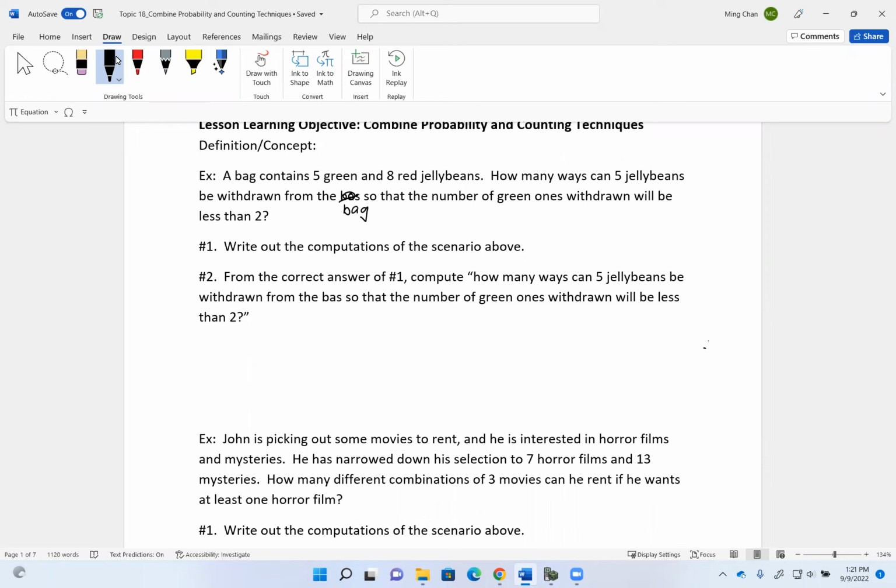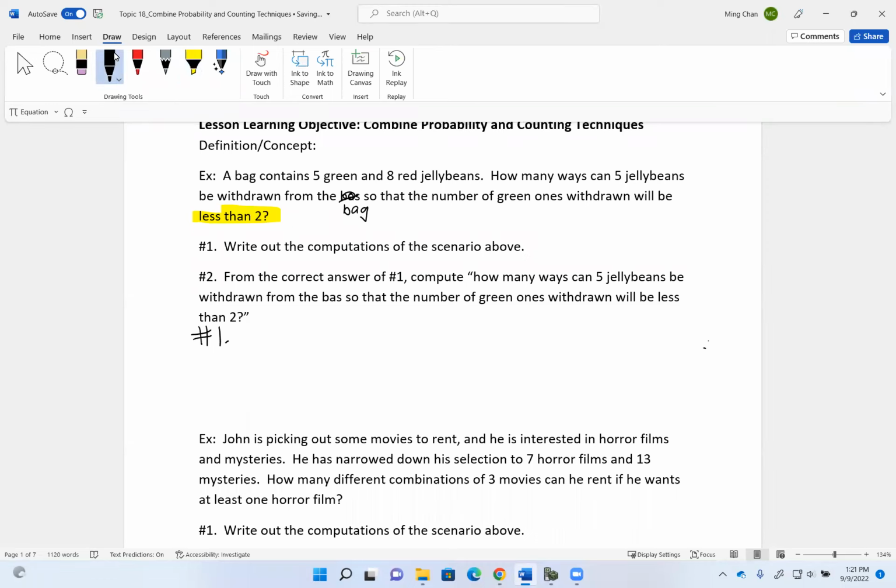So think about this. We're going to use some of the complement rule that I mentioned in the previous topic too. Less than 2, that's the key word right here. Less than 2 means 0 is a possibility, right?